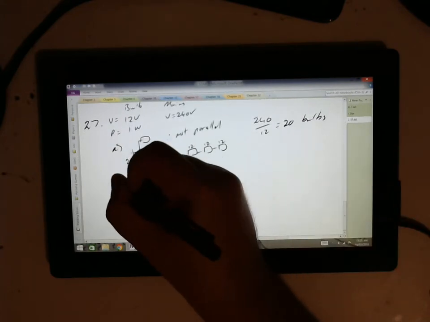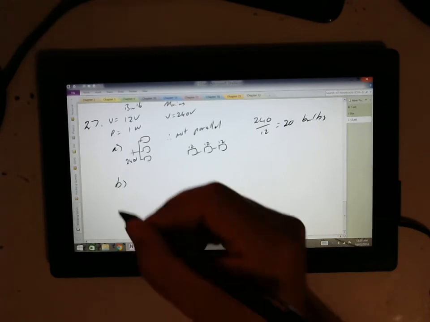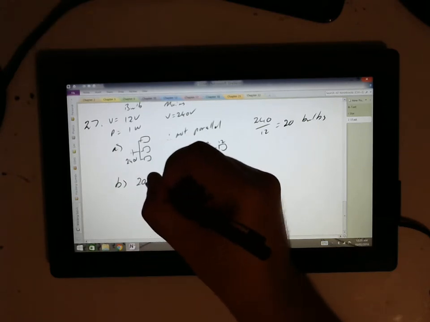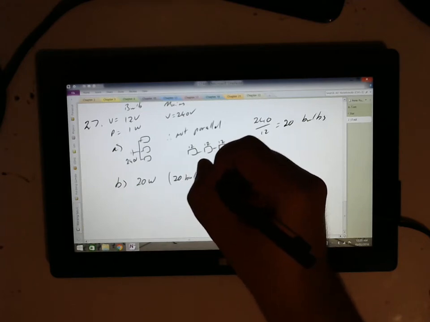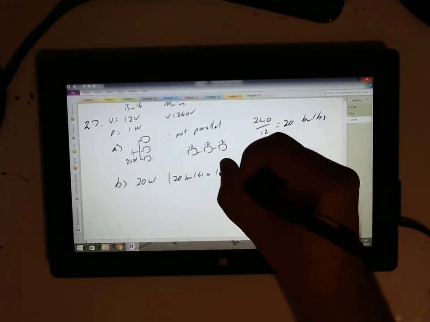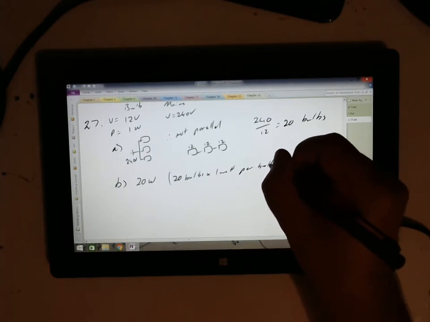Let's go to B. What is the total power consumed by the set of lights? Well, each light uses 1 watt, and there are 20 light bulbs. Therefore, 20 watts, because it's 20 bulbs times 1 watt per bulb.